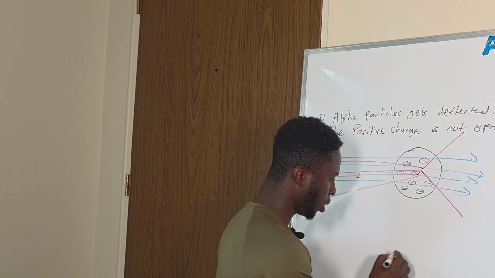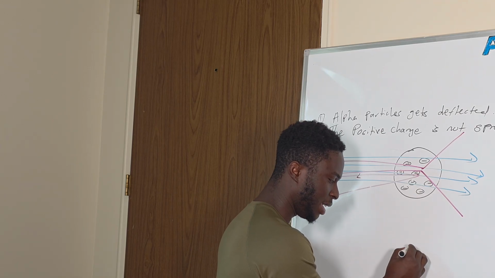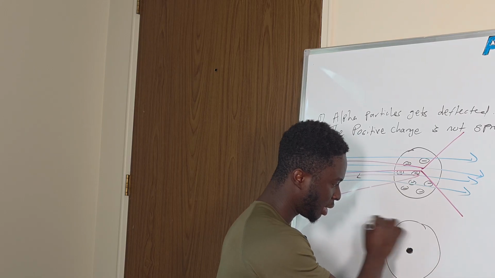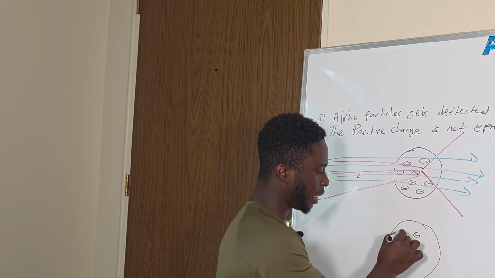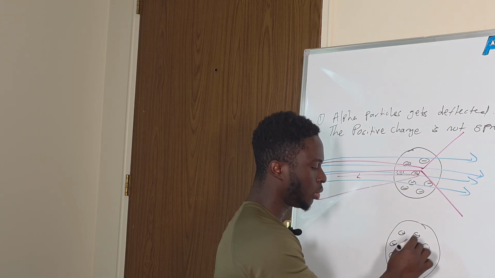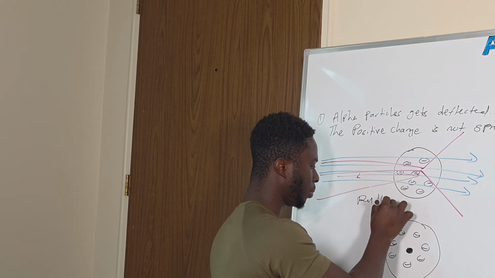So he came out with this model, that the positive charge is located in the center of the atom, and then around it, the electrons existed. So this is Rutherford's model that he came up with.